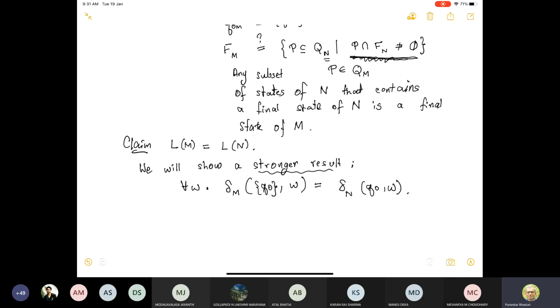And if that set of states contains a final state, then and only then is W accepted. And similarly, on the left-hand side, you accept W because this is the DFA if you reach a final state. And what is a final state? A final state in the DFA is a set of states in the NFA which contains a final state of the NFA. So Lm equals Ln follows immediately from this result, right? Any questions on that?